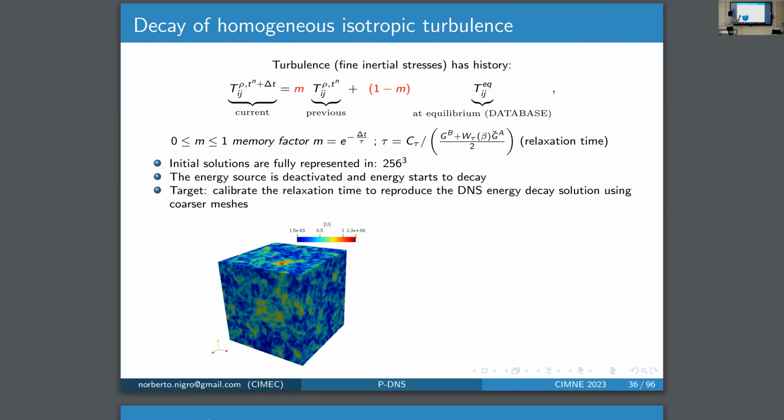So this time relaxation was calibrated with different simulations, and also with the examples that I am going to show next. For example, this is the decaying turbulence problem that is a very well-known benchmark that serves also for getting a calibration for this time relaxation.